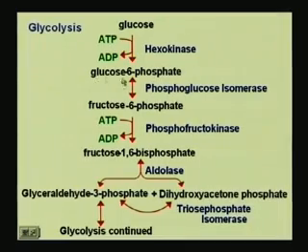This then went on to form the ketose from aldose. So, we had fructose 6 phosphate that had the enzyme phosphoglucose isomerase acting on it, because this is an isomer, the aldose and the ketose that we have here.